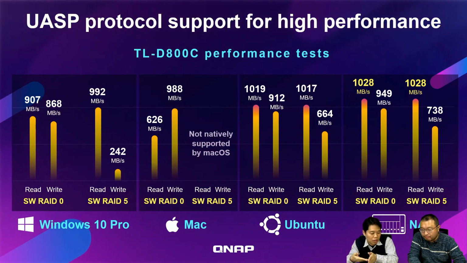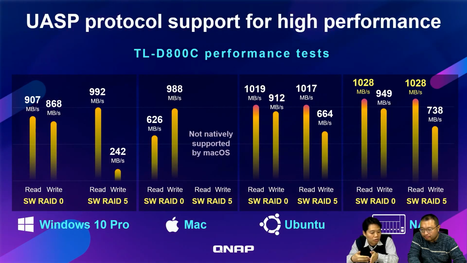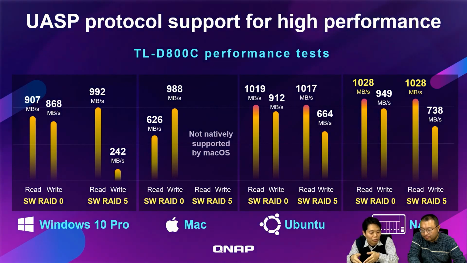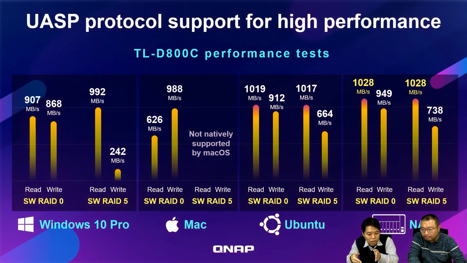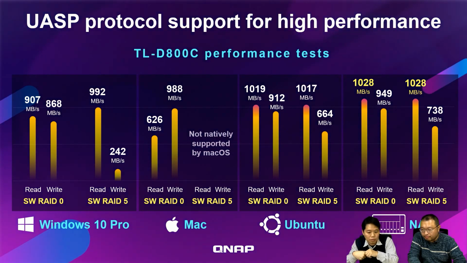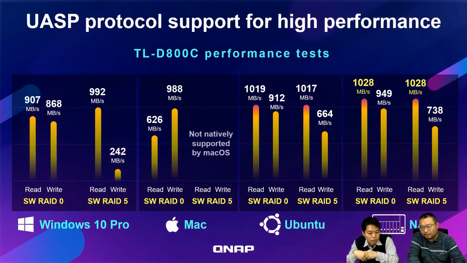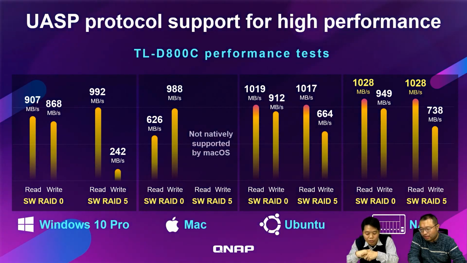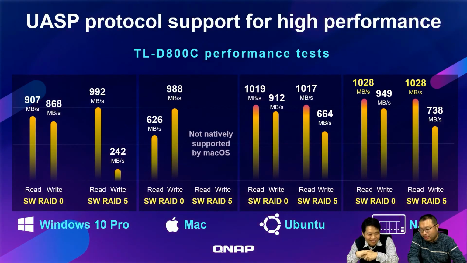That means it provides the worst performance for RAID 5. But you can check with Mac or Ubuntu. Their RAID 5 can also provide more than 500 megabytes per second. Okay, I got it. So the enclosure itself has no problem providing the maximum speed, right? Yeah, it depends on the software RAID 5 limitations, a mechanism that differs by OS, right?